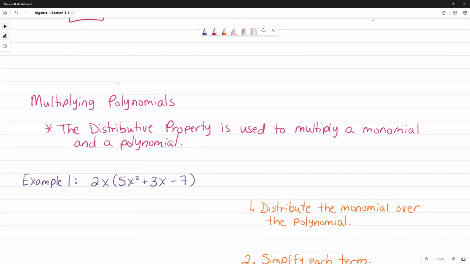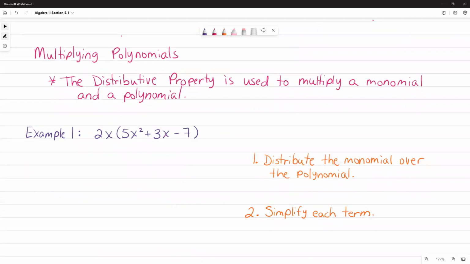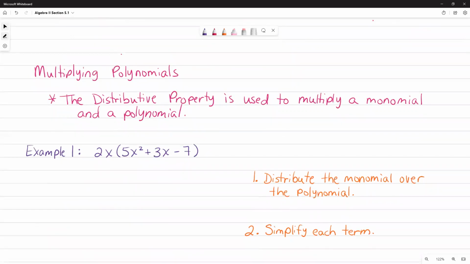All right, so let's get into the actual lesson here. When you multiply polynomials, essentially all you're doing is distributing. An important thing to note is that the distributive property is what is used to multiply a monomial and a polynomial. So let's go back to these. What is a monomial?